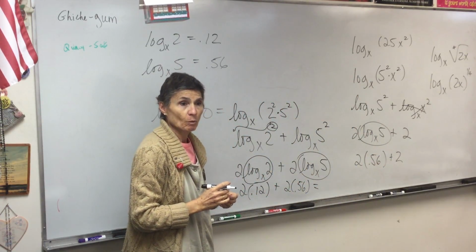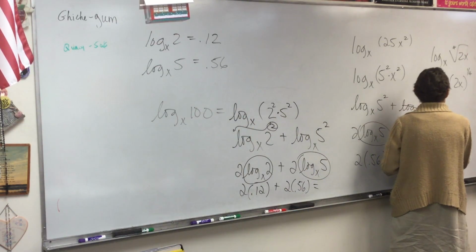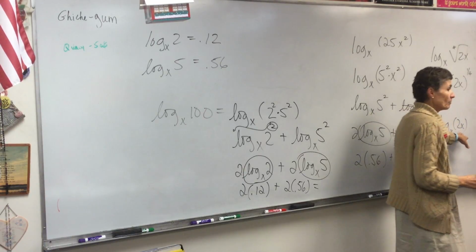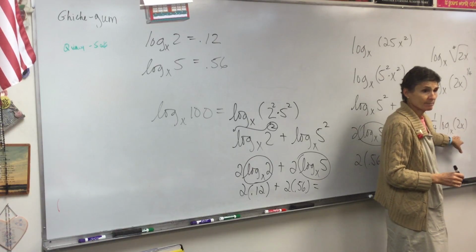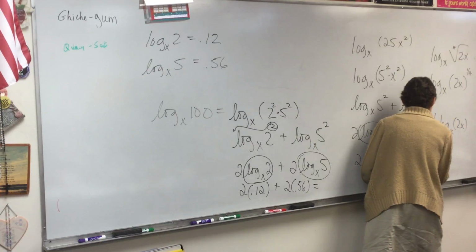And what's going to happen to that 1/4? It's going to come out in front. Now, did they give me a number for 2x? No. I need to separate it, right? How will I separate that? Once again, an addition, because it's a multiplication.